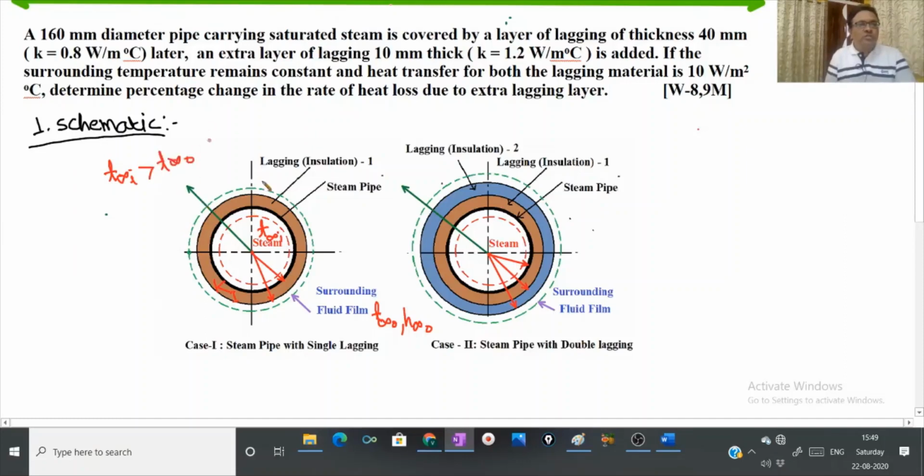So by virtue of this temperature difference, heat transfer will take place from the inside fluid to the outside, let's say at the rate of Q1. The surrounding fluid is represented by the green dotted circle.